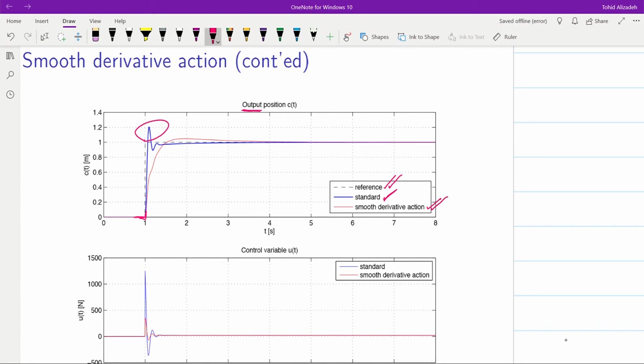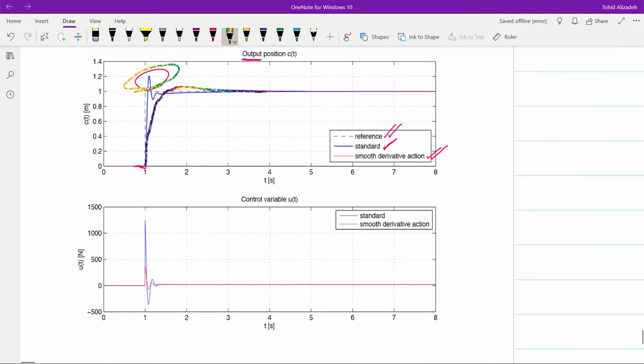When we have the smooth derivative action, you can see that the response is more smooth, and we don't have the spike kind of overshoot that we had with the standard one. So in the case of smooth derivative action, the output changes smoothly. Still there is some overshoot, but you can see that it is not sharp.